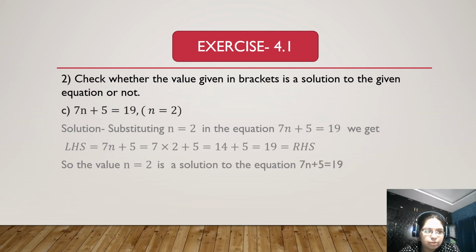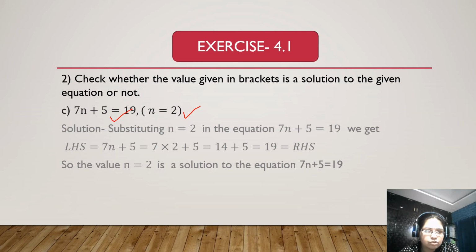Now we solve question number 2, bit C. 7n plus 5 equal to 19, n equal to 2. We substitute the value of n, that is 2, in the equation 7n plus 5 equal to 19. Left hand side is 7n plus 5 and right hand side is 19.